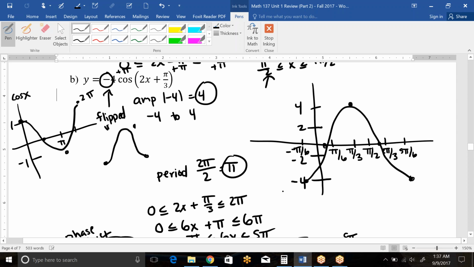And I'll show you how you find out what points those are. It's not too bad. So this is the point, negative pi over 6, negative 4. This is, we can do the ones we know, pi over 3, 4. This is 5 pi over 6, negative 4. So we're wondering what these points are. I know they end in 0, but what's the x value? So notice there's a pi over 2 and a 2 pi over 3 that they're in between.